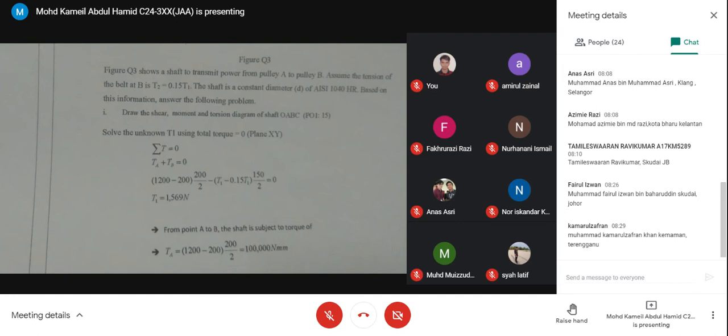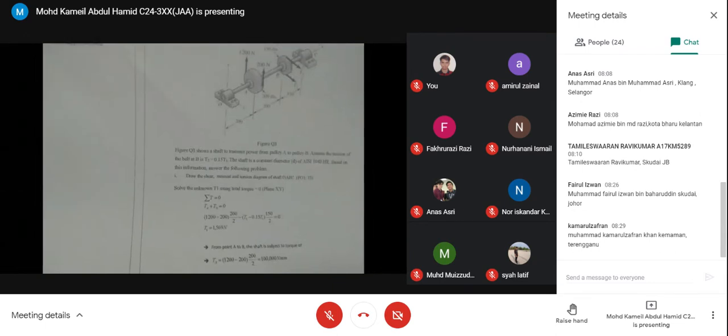You can just take one of the pulleys dan kira torque dia. They will give you the same value. (1200 - 200) times 100, you get 100,000 Newton millimeter. Kalau ambil yang dekat pulley B pun nanti they'll give you the same value.